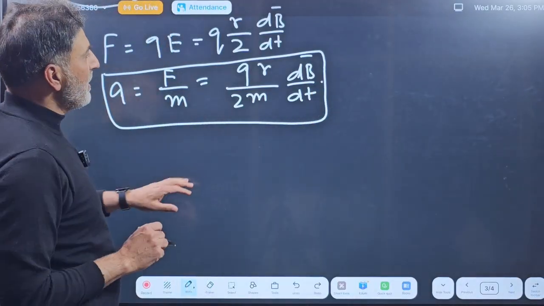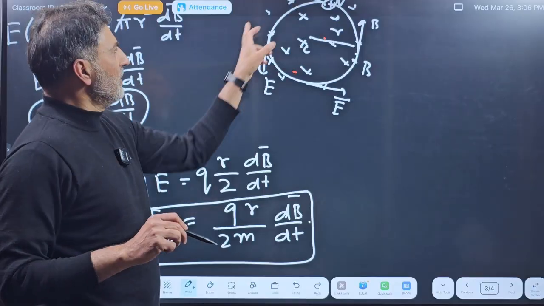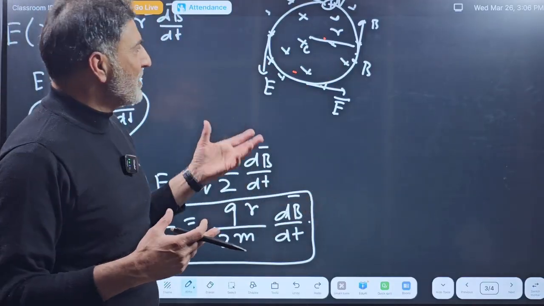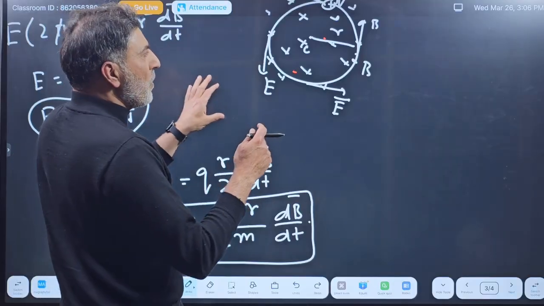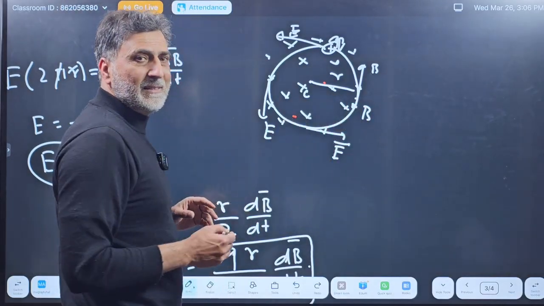Remember this. Now, as you know, when the charge moves in a circle, there must be a centripetal force to keep it moving in a circle. Who gives the centripetal force? The centripetal force is provided by this magnetic field, which is inside.